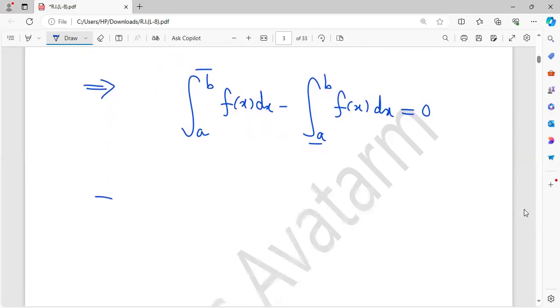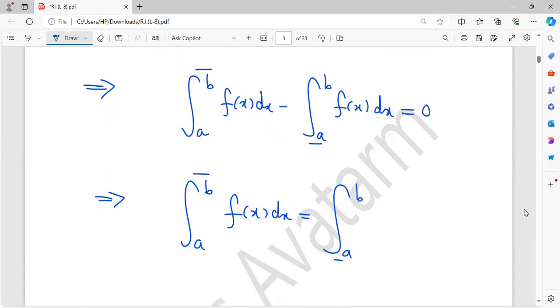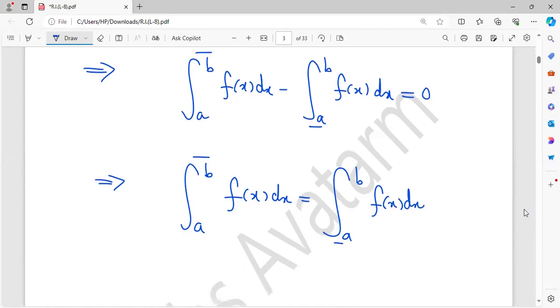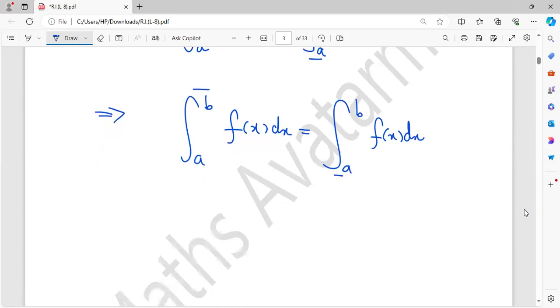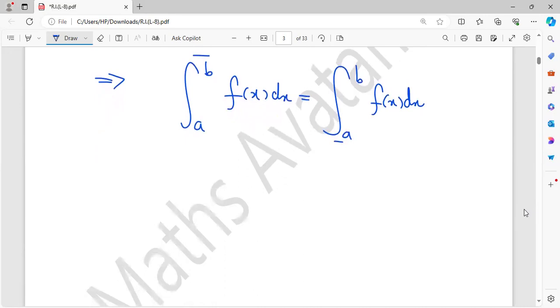So this implies the upper integral is equal to the lower integral. What does it mean? It means that f is Riemann integrable. So this implies f belongs to R[a,b].